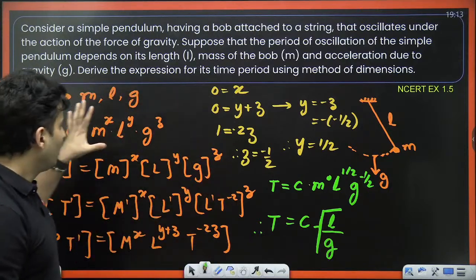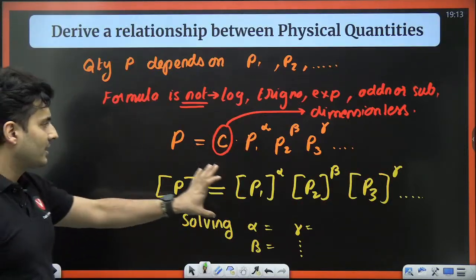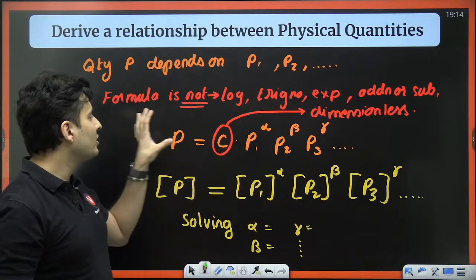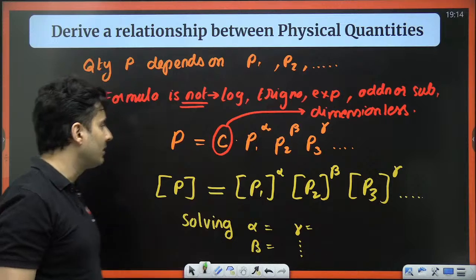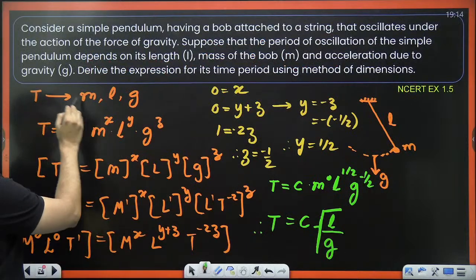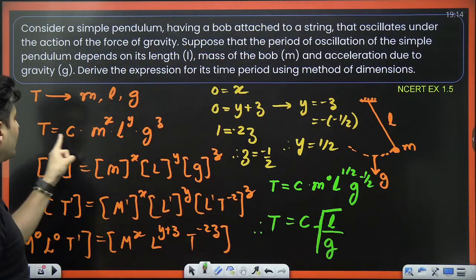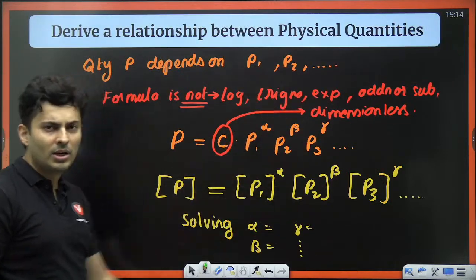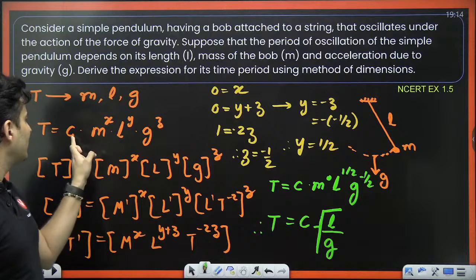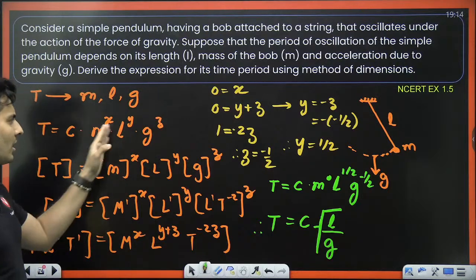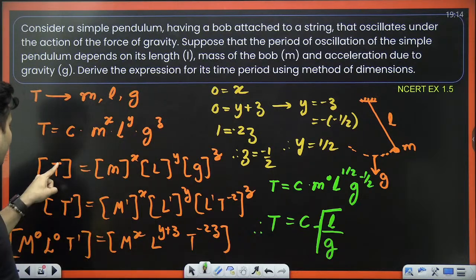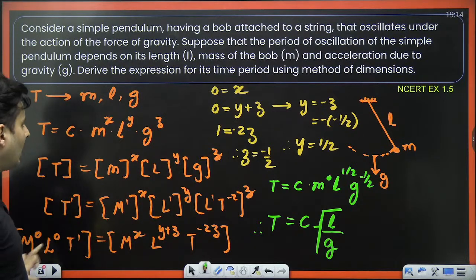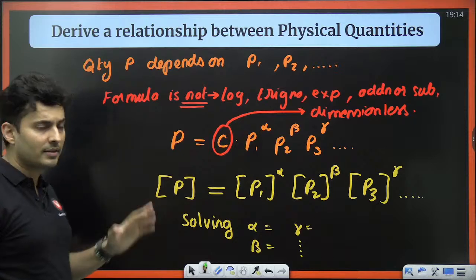Okay. So, like I said, the first step, I'll recap, I'll do a summary. You assume the quantity is dependent on certain things. Here, time is dependent on certain things. And assume the formula: some constant into some unknown powers. Then the dimensions on the left hand side and the right hand side will be equal. The constant has been assumed to be dimensionless.